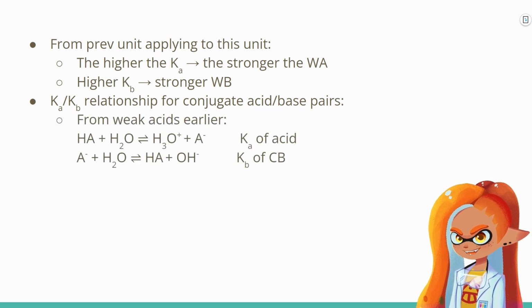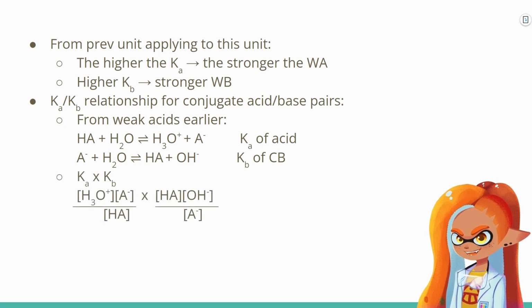So again, this was mentioned in the previous slides, where we have our Ka and our Kb, and we can use those, right? And so we have the acid, conjugate base, and so I could technically multiply them together. And so I can have a bunch of stuff cancel out.